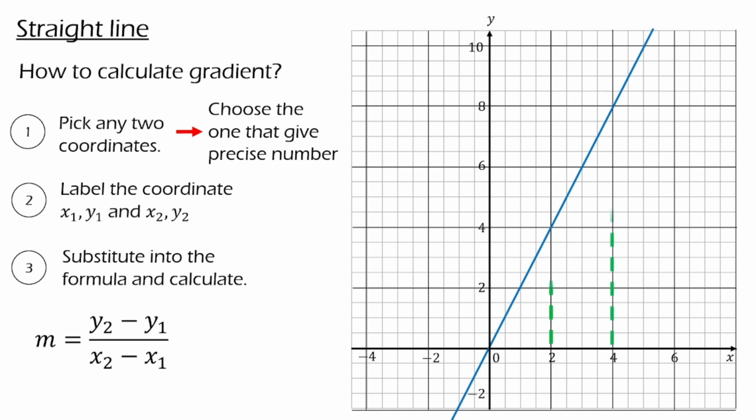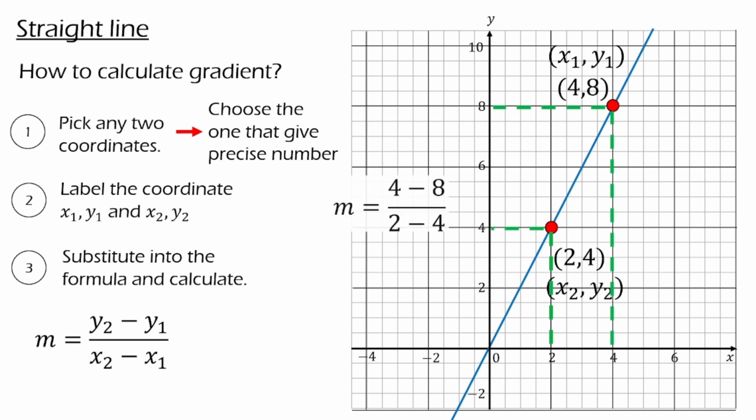I choose 2, 4 and 4, 8. After that, I label them x1, y1, x2, y2. Finally, I proceed to substitute the x and y into the formula. Be careful when solving it here because it has negatives. And now we have the gradient of the straight line equal to 2.